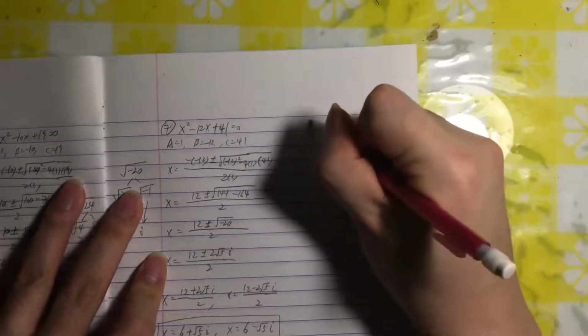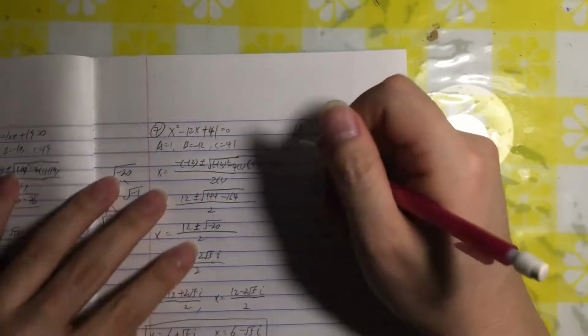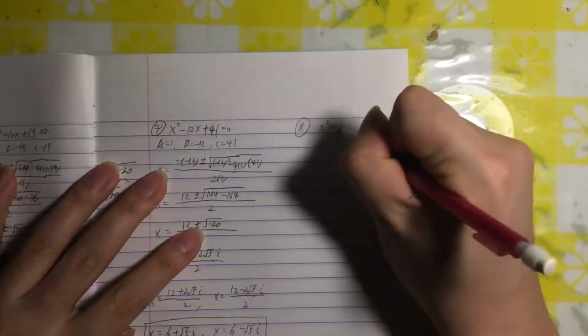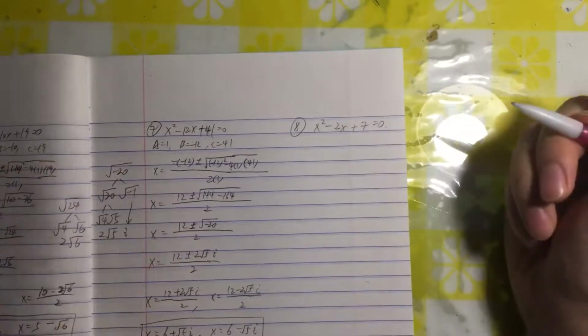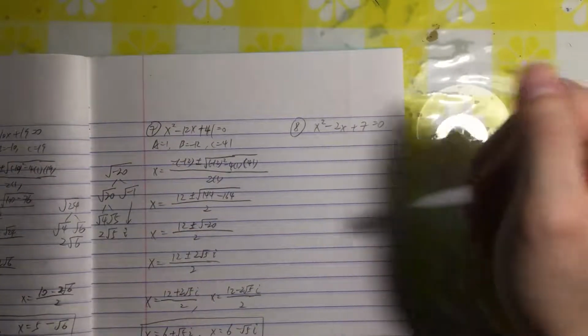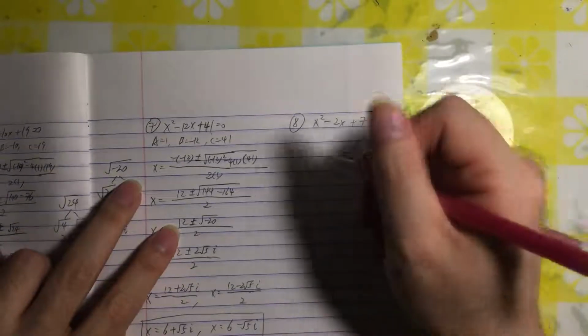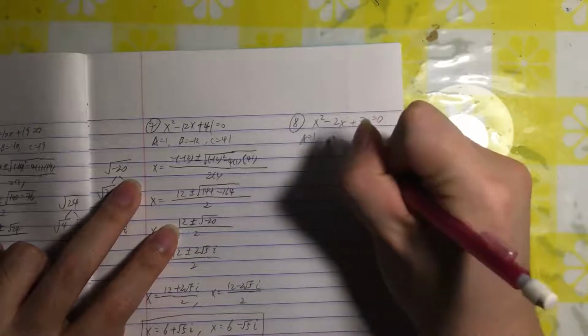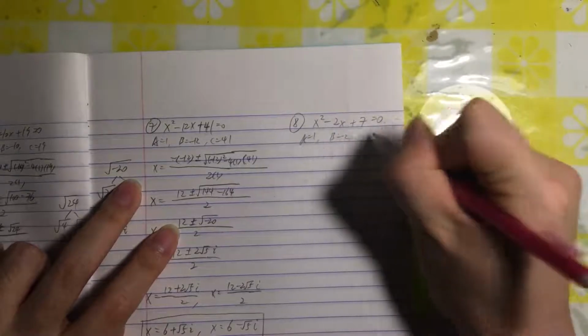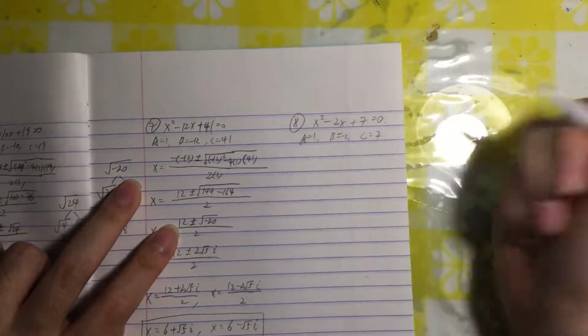Next example, x squared minus 2x plus 7 equal to 0. How can we solve this equation by quadratic formula? First step, try to recognize a, b, and c. Here a is 1, b is negative 2, c is 7.